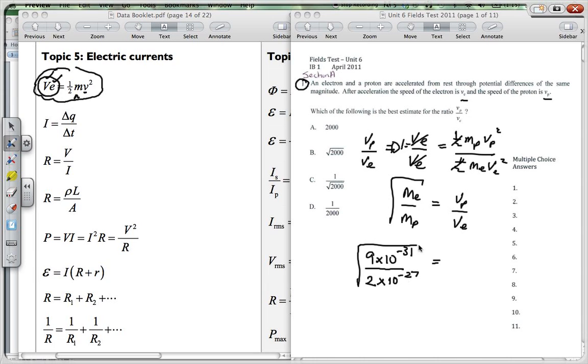And when we take the square root of that, that's going to be Vp over Ve. We're going to get something like 1 over 1,800. And if we do that to one significant figure, we will get this. So our answer is going to be C.